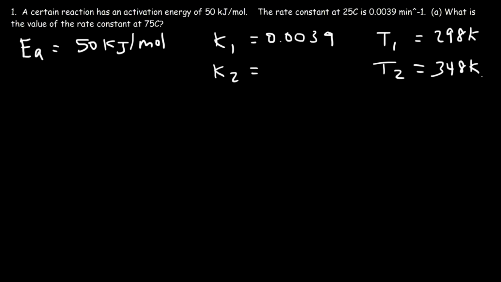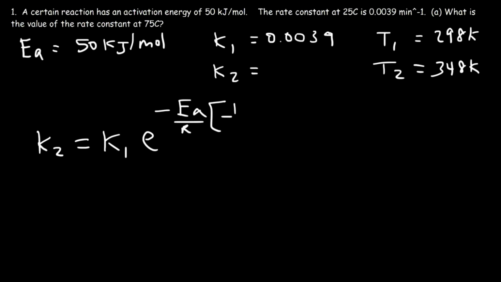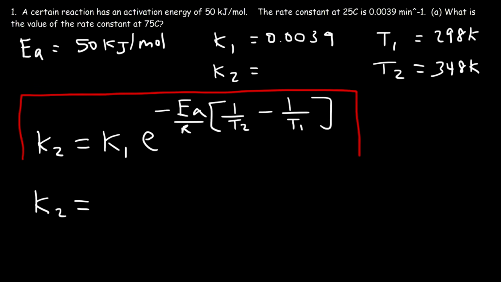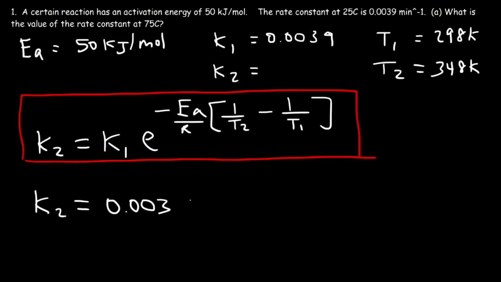So what is the formula that will help us to calculate K2? It's K2 is equal to K1 times E raised to the negative EA over R multiplied by 1 over T2 minus 1 over T1. So anytime you need to find the rate constant at a different temperature, that's the formula that you want to commit to memory. Now K1, we know it's 0.0039.